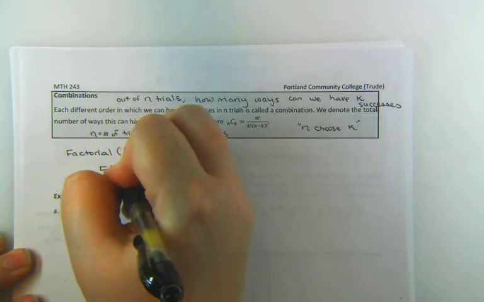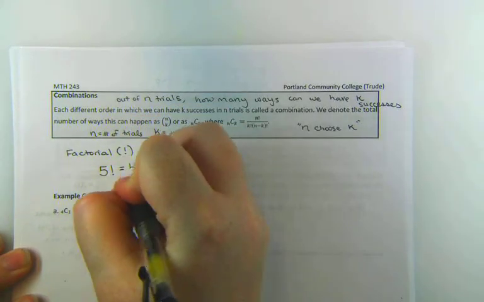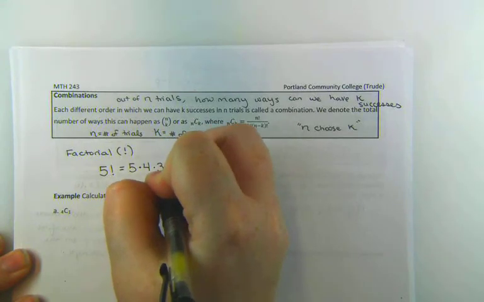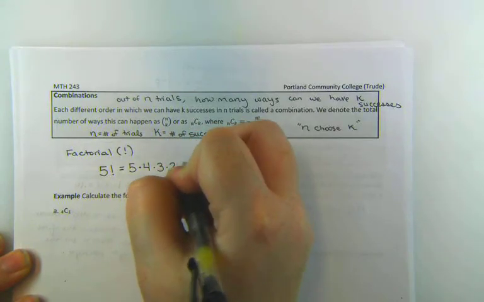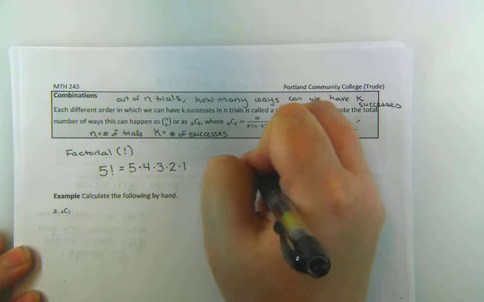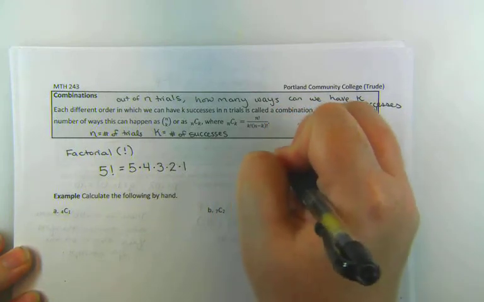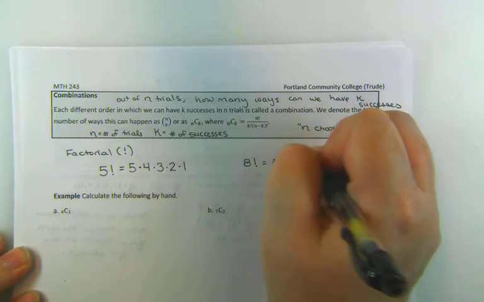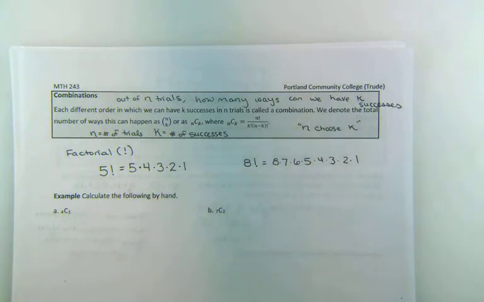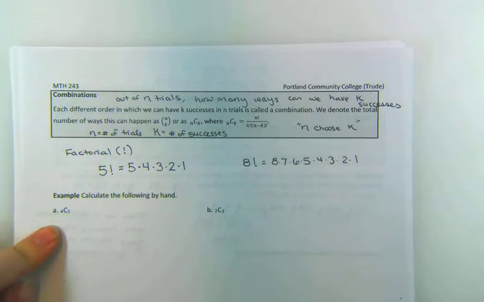And how we calculate with factorials, like say I had 5 factorial, what you do is you start with a number, and then you multiply it by each value that's less than this. So we go 5 times 4 times 3 times 2 times 1. If we had 8 factorial, you're taking 8 times 7 times 6 times 5 times 4 times 3 times 2 times 1. So you just start with that number and then multiply with each, bumping down by 1 with each value.